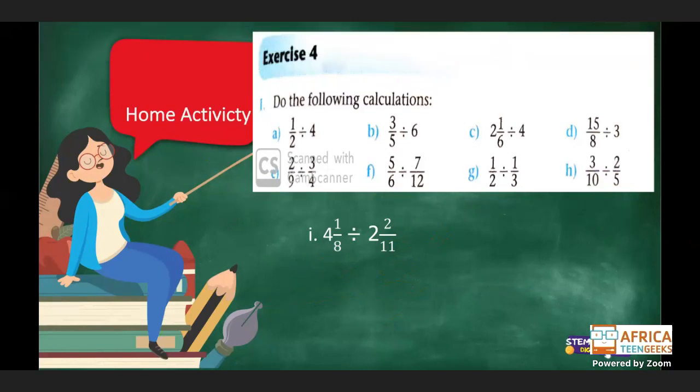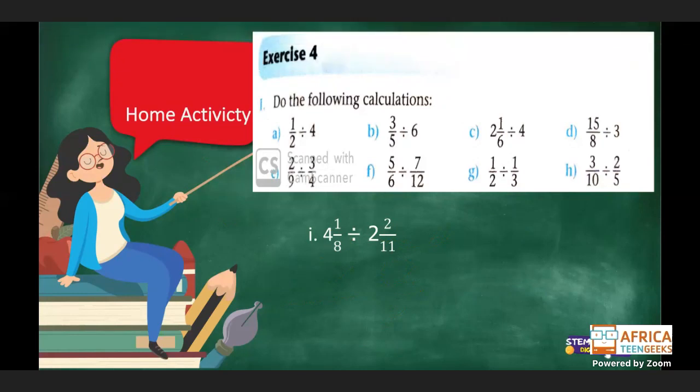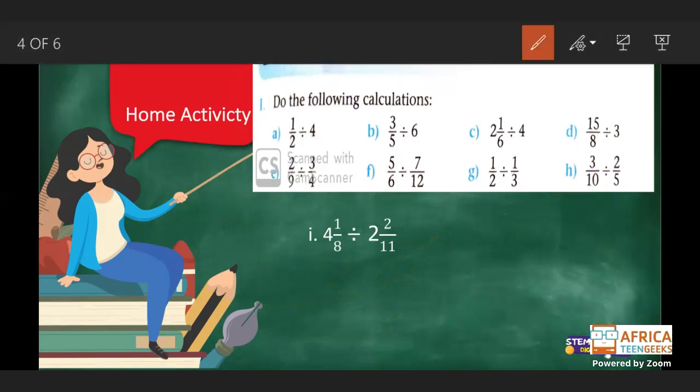Guys, when you are doing your division and you have a mixed fraction like this one right here, you will treat it the same way we did with our multiplication.